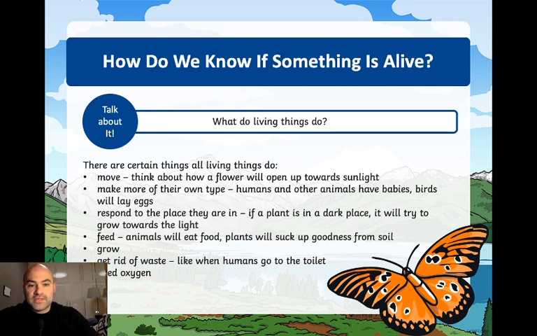Make more of their own type. This guitar pick cannot make more of itself. But humans can make more of ourselves, right? Your mom and dad had you. So you are more of your mom and dad, okay? Can water make more of itself? No, it cannot. So that's not alive.